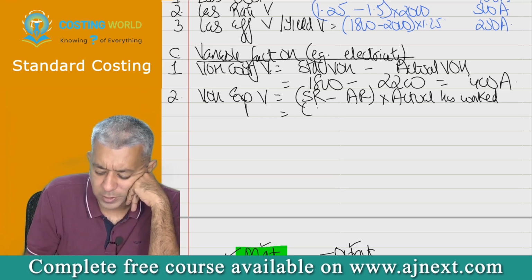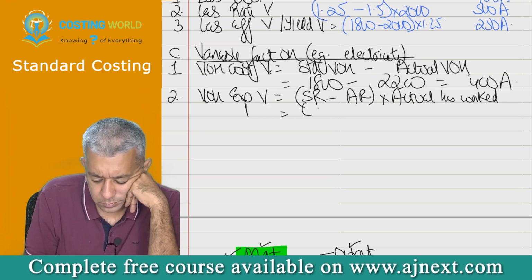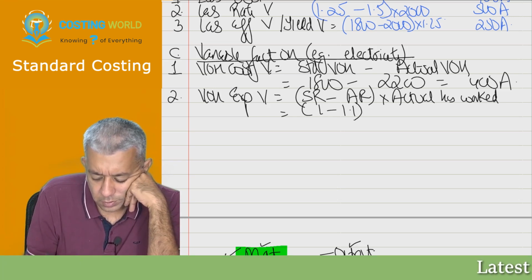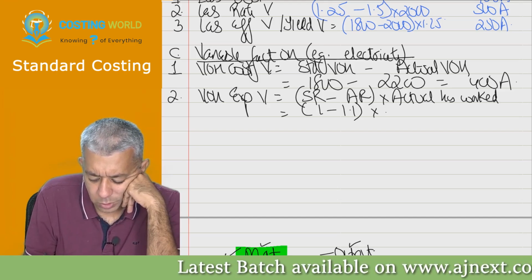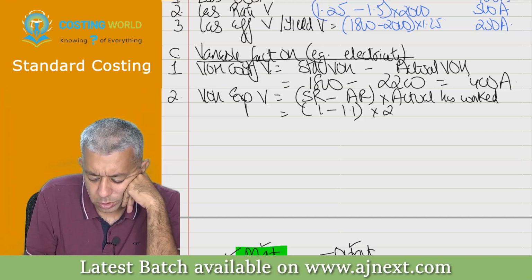Tell me what minus what into what? 1 minus 1.1 into 2000.